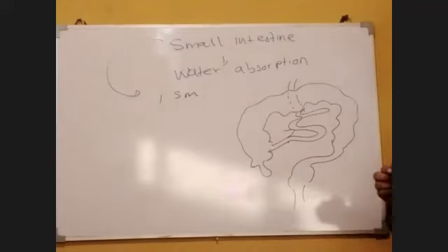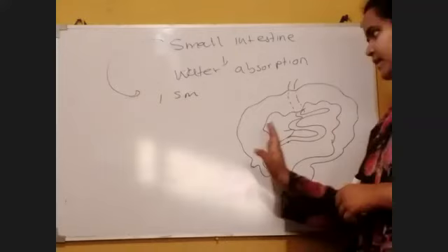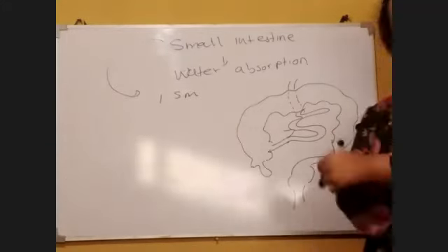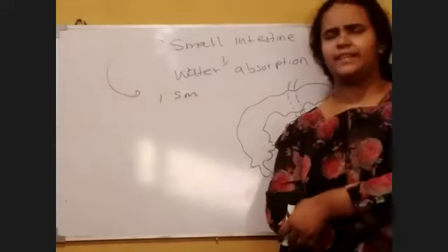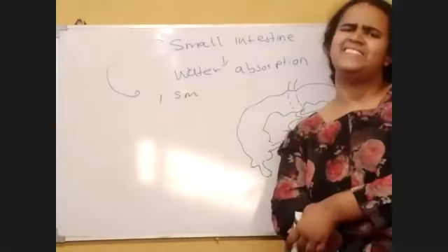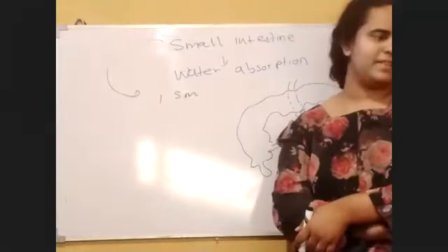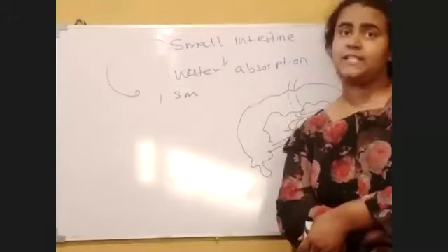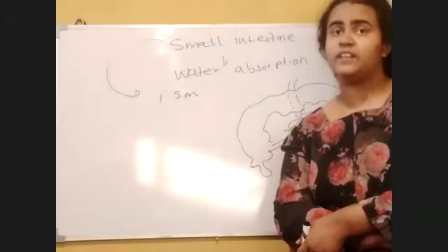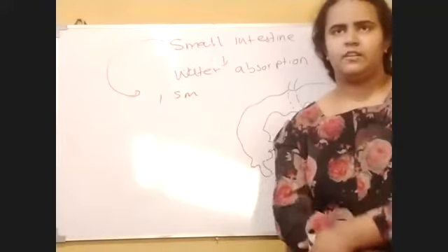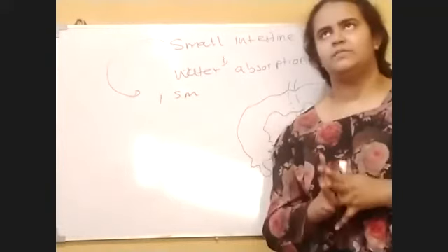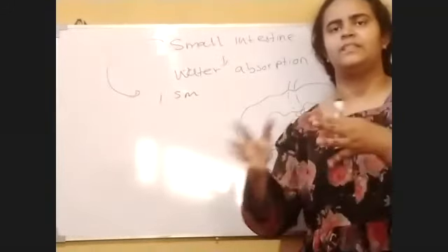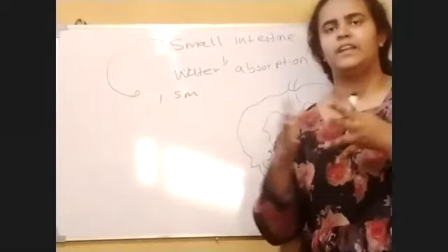Then I said that absorption is happening in this large intestine. Why is this happening? Why is water absorbed in the large intestine? There is a reason for that. What they are trying to do is get the fecal matter ready.